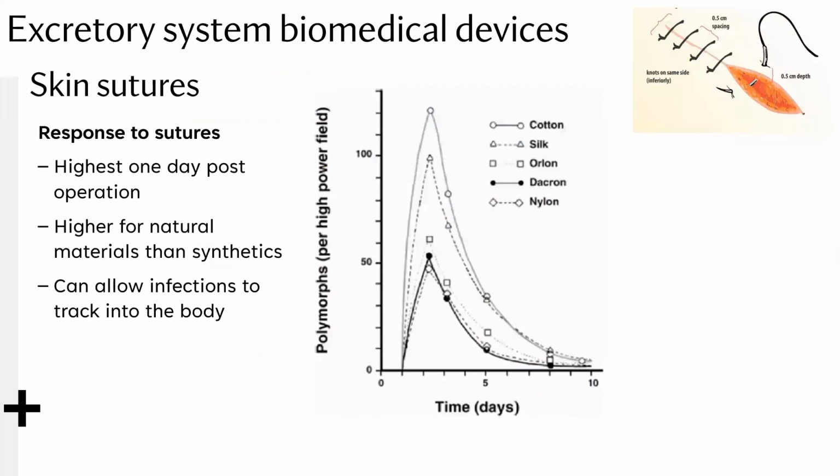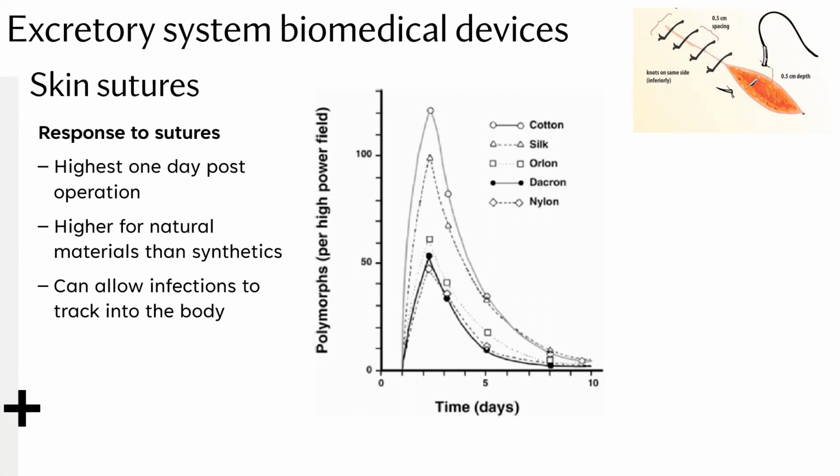Another thing that you'll see is that with these threads, the performance varies through time, as we saw, because it's losing its material, and it's also potentially losing its strength. But in terms of the response, you get a very strong response after a day, and then typically you get a stronger response for natural materials, of course, because they're easier to degrade and dissociate.